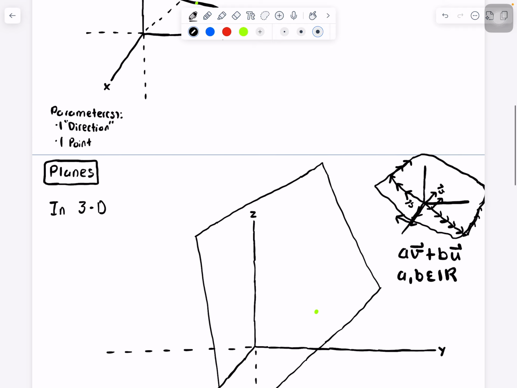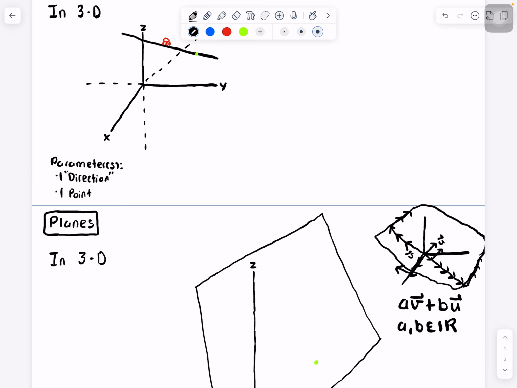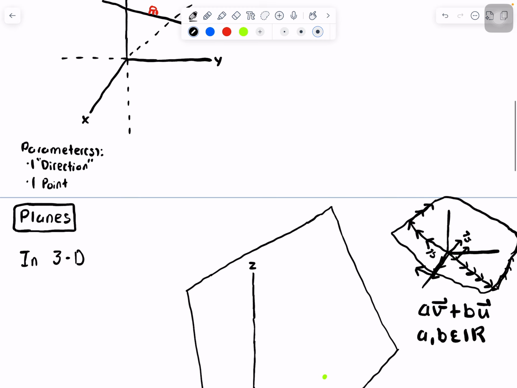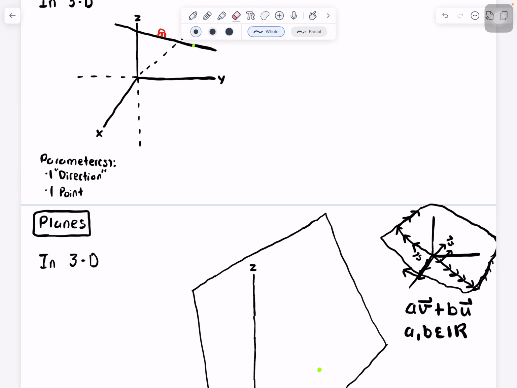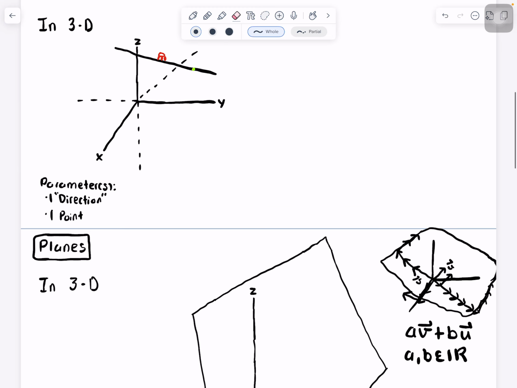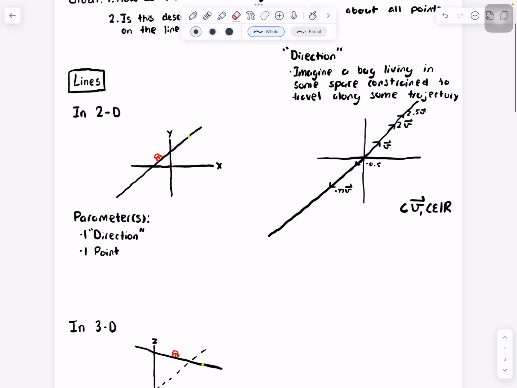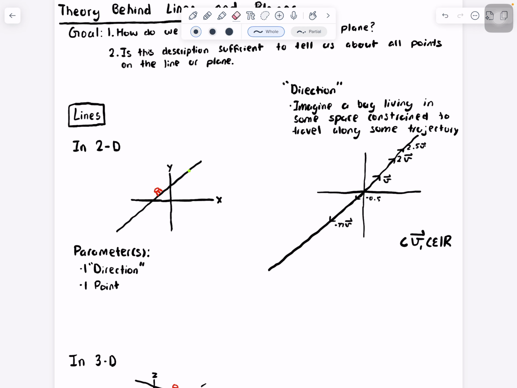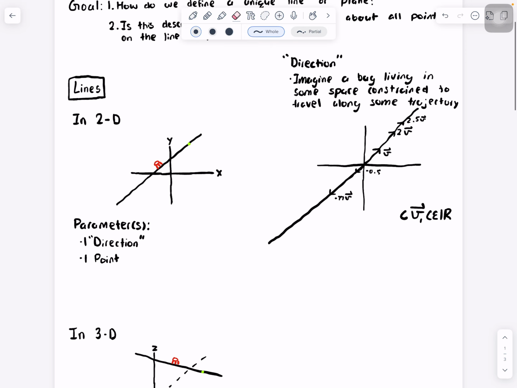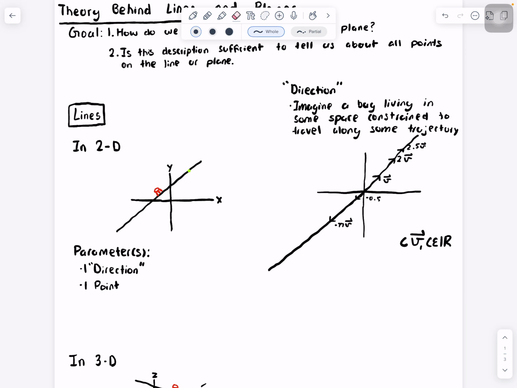Okay, so the issue is, though, we chose these vectors to be position vectors, so all of these planes intersect at the origin. But this concept, we can easily upgrade this to help us now. Okay, so that's pretty important. We're going to use this concept of linear combinations to help us define lines and planes and complete goal 2.